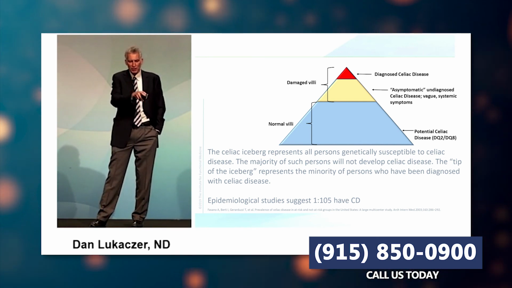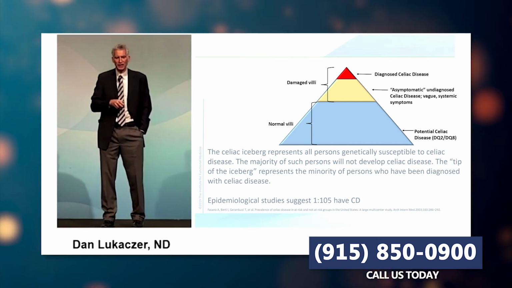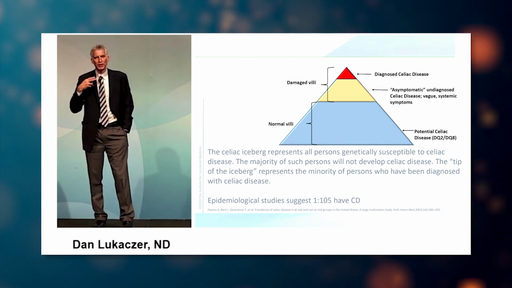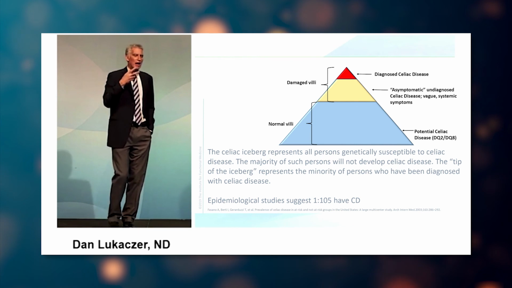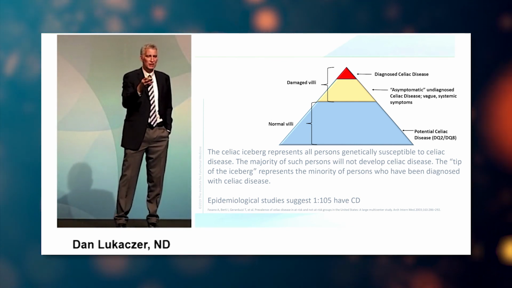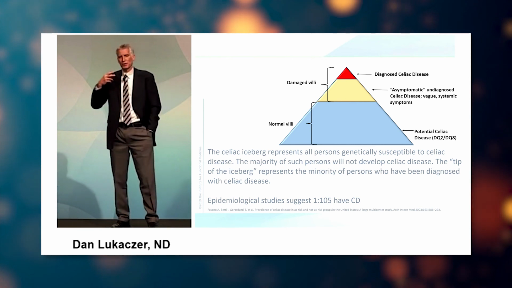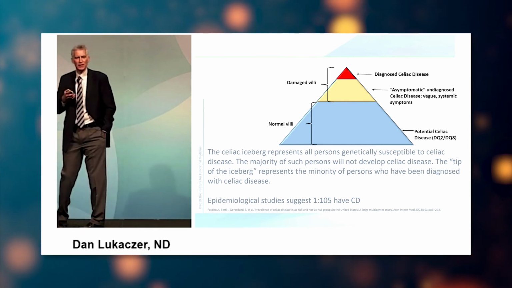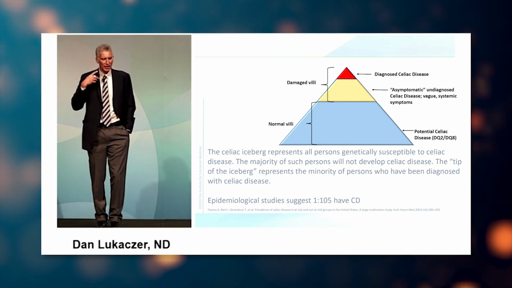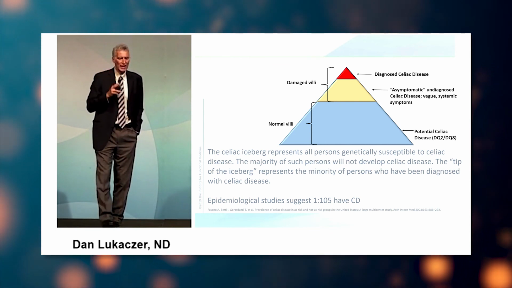We see the diagnosed as that small group in red, the larger asymptomatic, which I think is a misnomer. If you have IBS symptoms, if you have, as Dr. O'Brien talked about, perhaps just osteopenia, if you have various other vague symptoms, that could be celiac disease, and that's quote unquote asymptomatic.